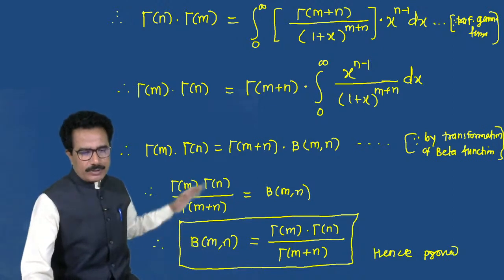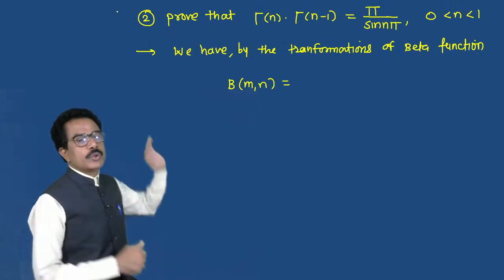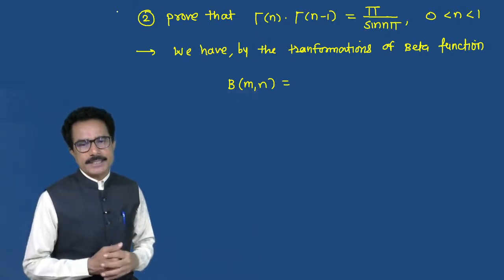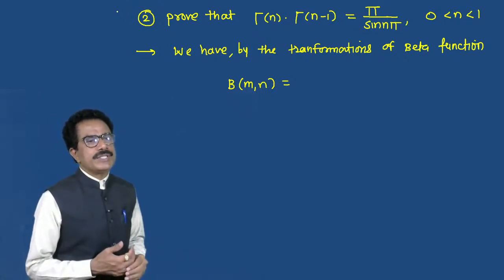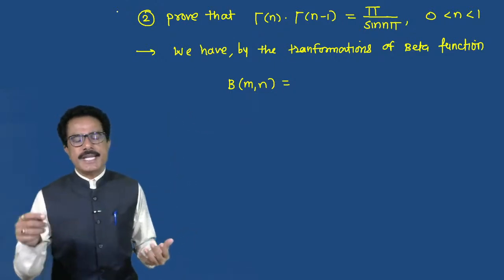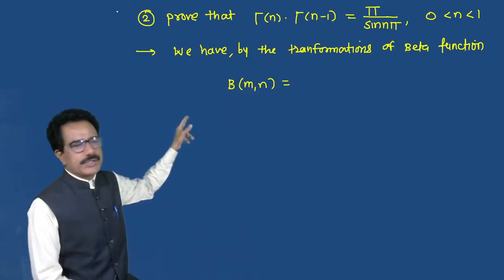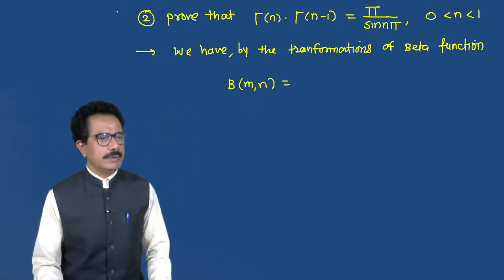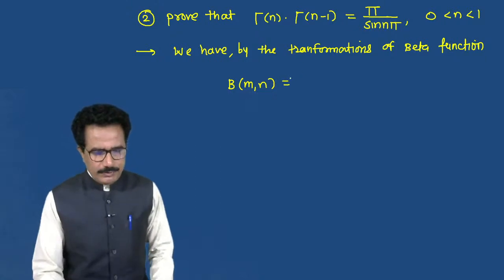Now, using this result we have to solve a problem theorem. So now we shall move towards this. Prove that, next we have to prove some result. Prove that gamma n into gamma 1 minus n is equals to pi divided by sin n pi, where 0 is less than n is less than 1. So by the transformation of beta function, beta of m comma n is equals to, what is the formula we just proved? Beta m comma n is equals to, what is that?